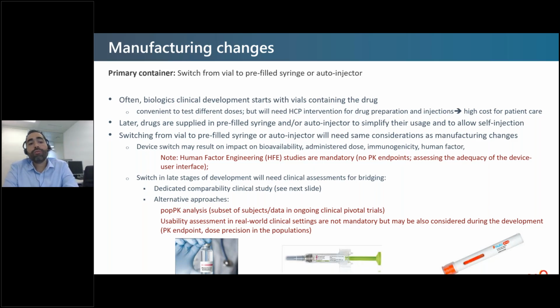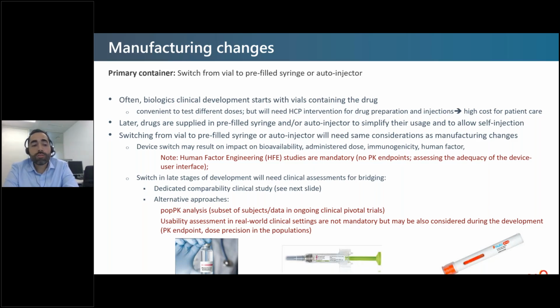So generally, if we switch at the late stage of the development, we'll need clinical assessment. So a dedicated comparability clinical study is needed to investigate these differences. However, you can always consider alternative approaches. Depending on the discussion with health authorities, you can, for example, conduct population PK analysis if you have the data, for example, a subject or a subset of subjects with the different devices.